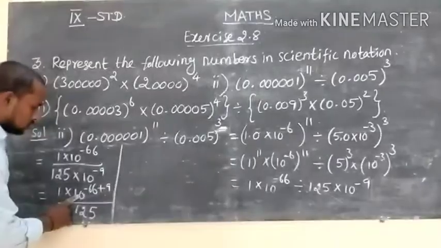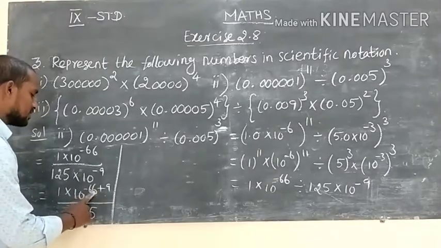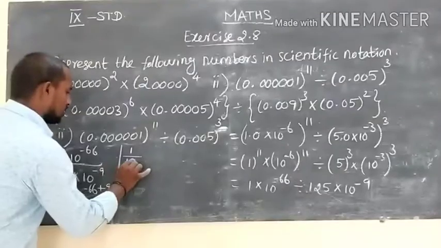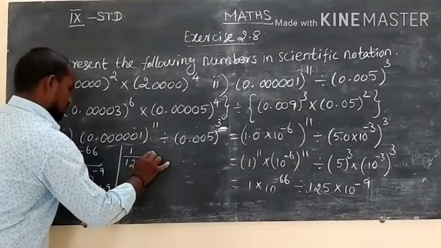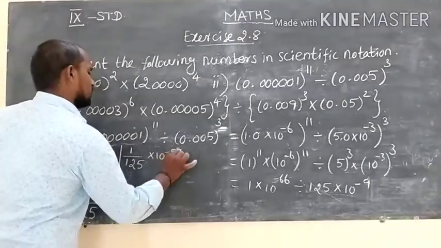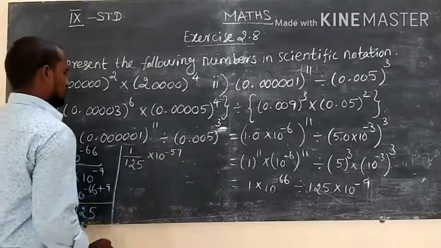Minus 66 plus 9, we get 1 divided by 125 into 10 power minus 57. Minus 66 plus 9 is minus 57.